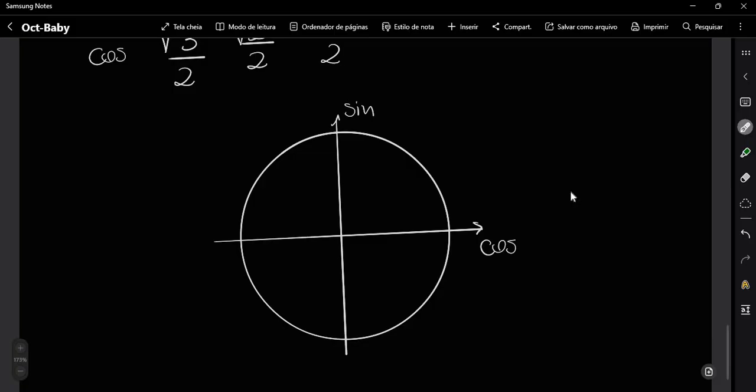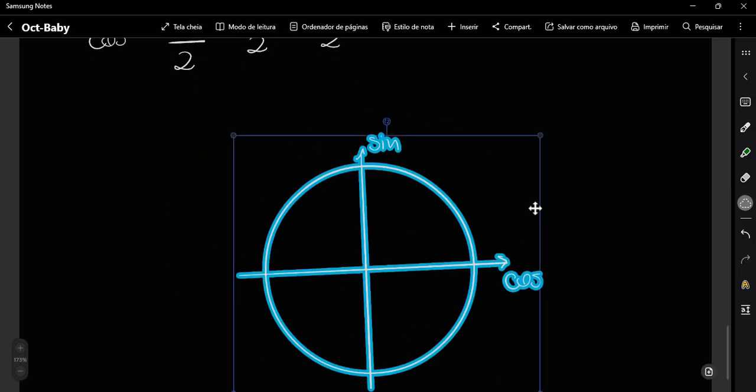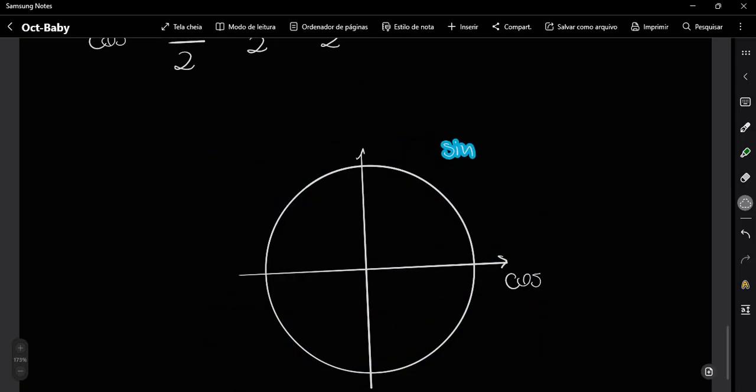And if you notice, on the top right here is pi over 2, which is equal 90.